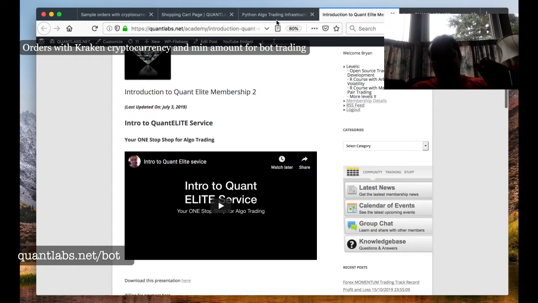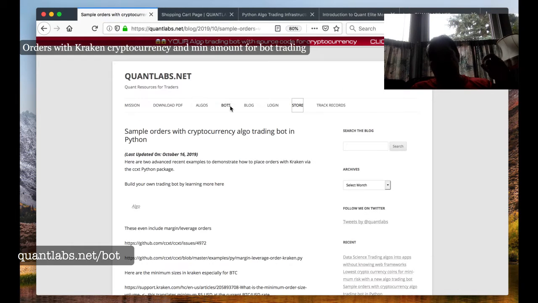As it stands right now, you probably want to know about the code, how to trade in Kraken, and how I do it. I just put up a post on my blog at quantlabs.net/blog. The article is called Sample Orders with Cryptocurrency Algo Trading Bot in Python.